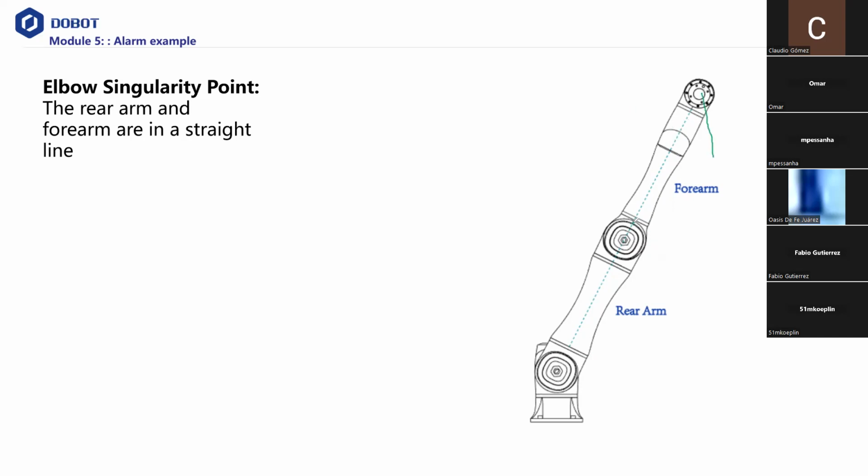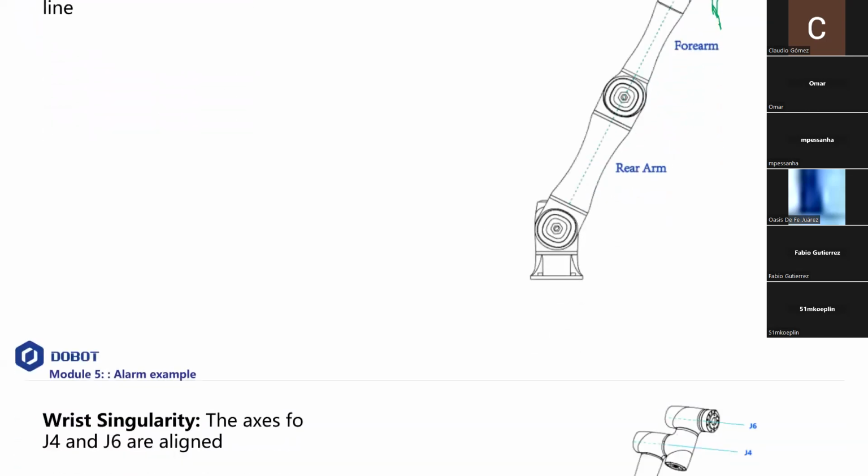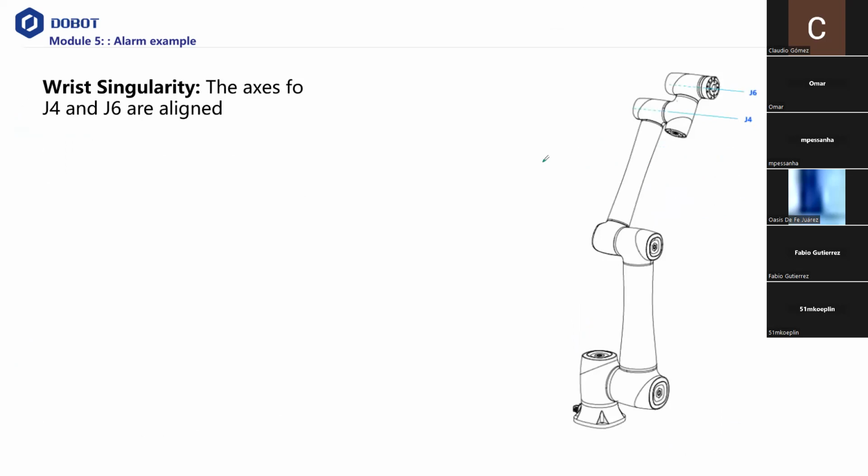Because you gotta move the two different joints, and then the direction it has to look like this. So it will cause singularity. It's not possible to move it the way that you describe. And this is another one. J4 and J6. 4 and 6.